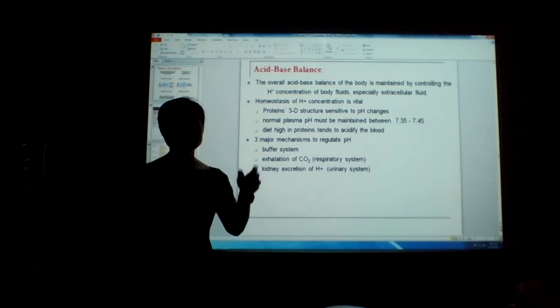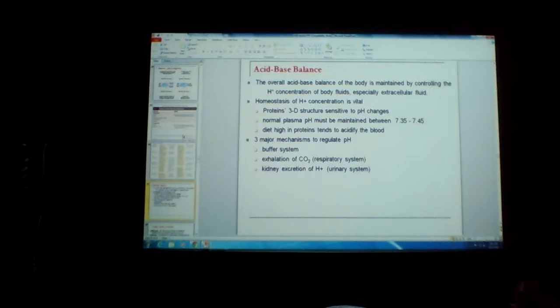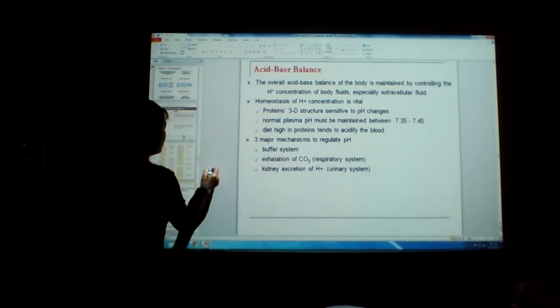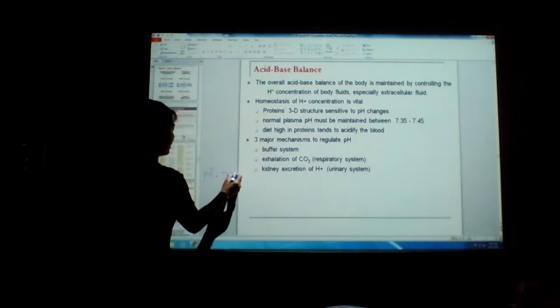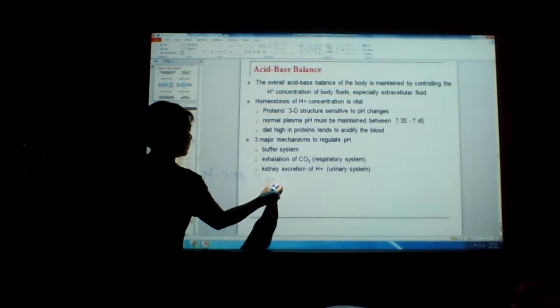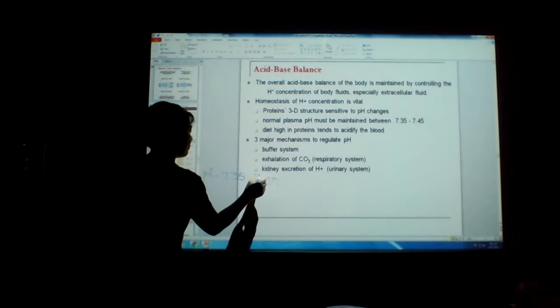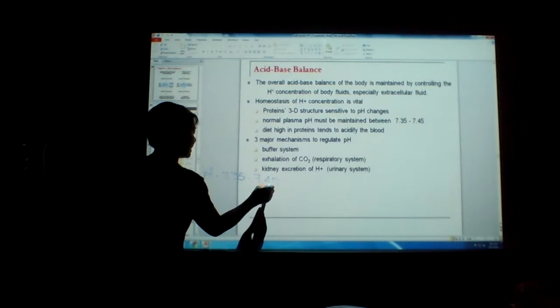What you need to know? Do you agree? There is a normal pH. You need to know these values, okay? Which I'm going to give you if you forget. But the normal pH is 7.35 to 7.45. I hope that you can memorize these numbers. But if you cannot, then maybe I'll write it down.